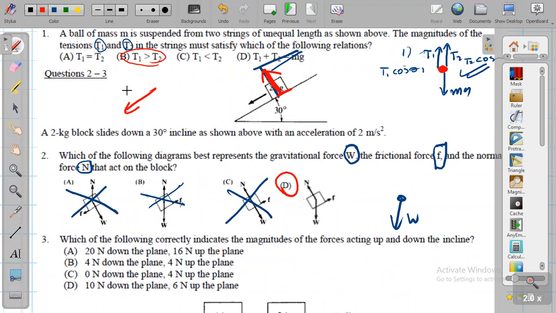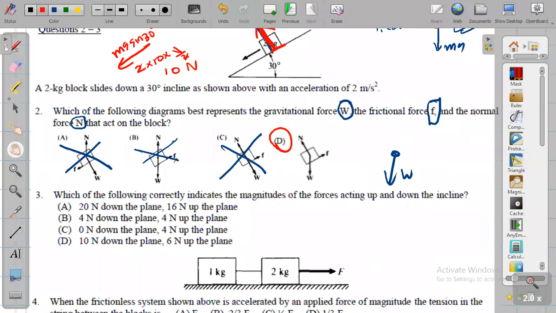Down, what is the force? mg sin 30. Up we have to find. What is mg sin 30? 2, 10, and sin 30 is half. It is 10 Newton down the plane.